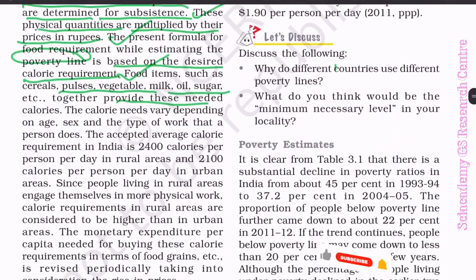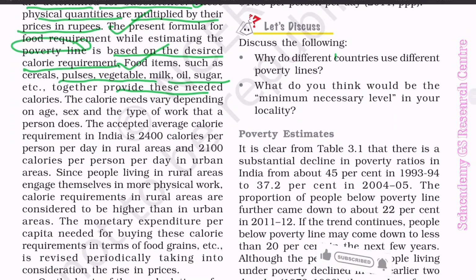The calorie needs vary depending on age, sex, and the type of work that a person does. The accepted average calorie requirement in India is 2400 calories per person per day in rural areas and 2100 calories per person per day in urban areas.